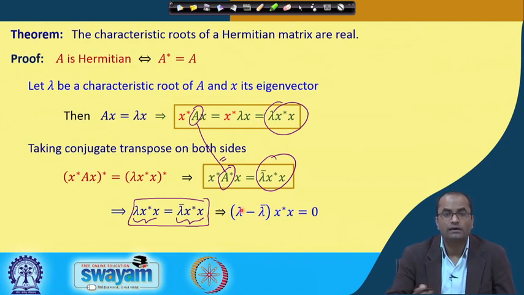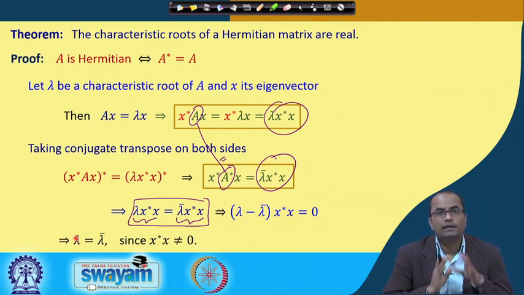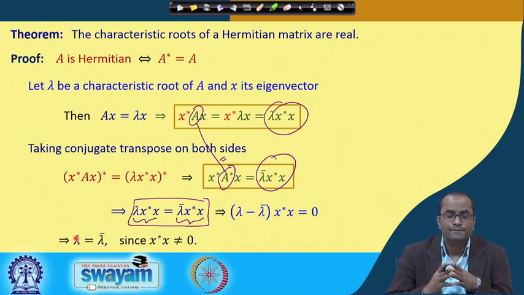So lambda must be equal to lambda bar, because this quantity cannot be 0. We have seen that lambda is equal to lambda bar, and that is what we wanted to show: the lambdas are real. If lambda is an eigenvalue of a Hermitian matrix, then lambda equals lambda bar, meaning it is a real number, it cannot be a complex number.